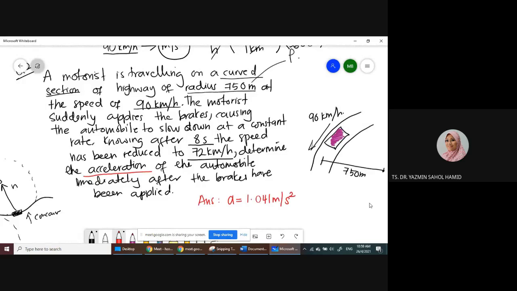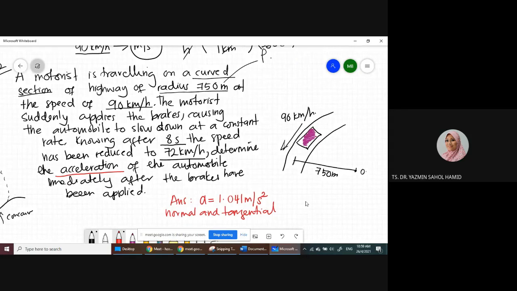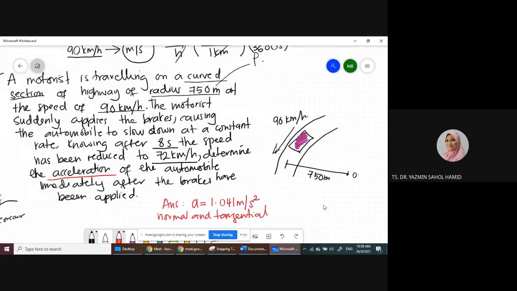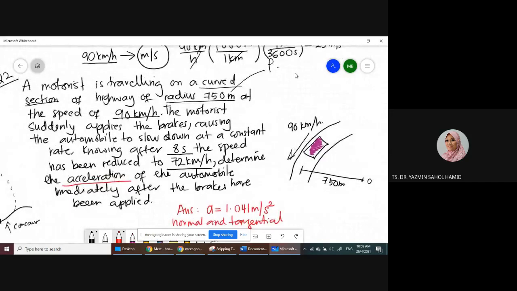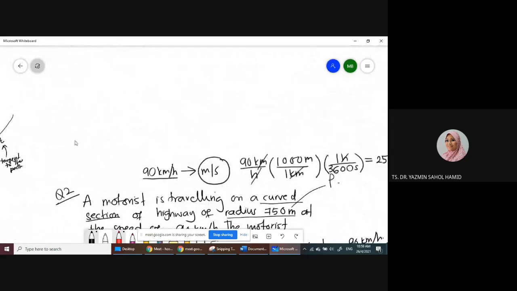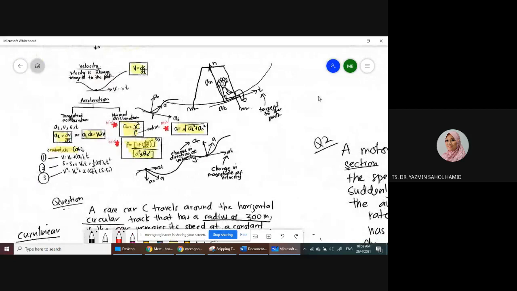For this question, of course, you know that you have to use normal and tangential components to solve it. So in your diagram beside here, you need to draw the normal and the tangential components. And then you need to use the information given here and this formula to solve the question.